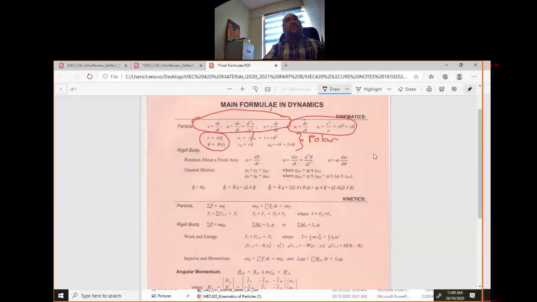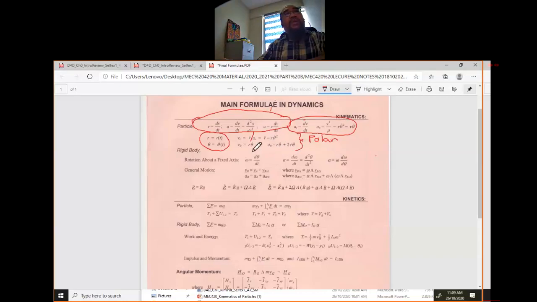So you have to know that if they ask for acceleration, you have to use this formula, which means you don't have to derive it. Same here, V theta and A theta.